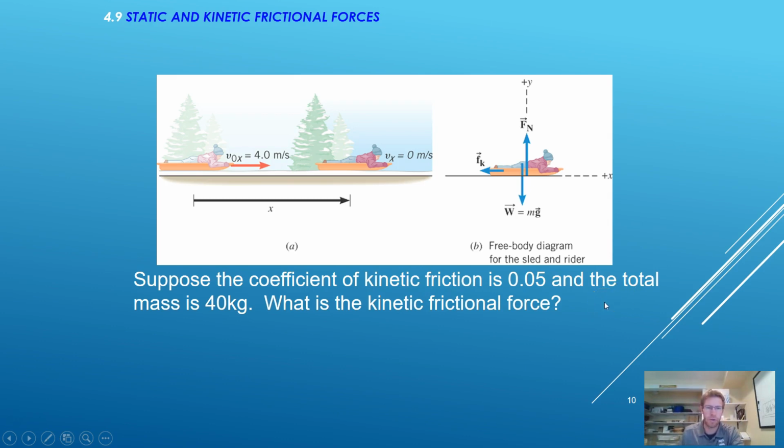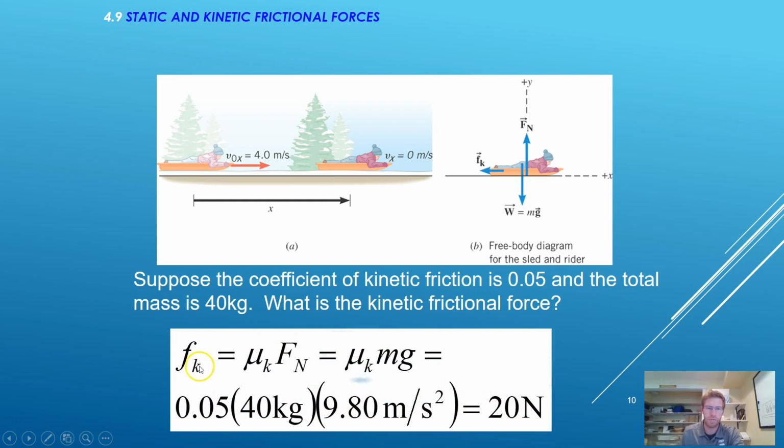So hopefully you did a quick calculation, and what you should find is the force of kinetic friction, which we know is equal to the kinetic coefficient multiplied by the normal force. And now, since we're on a level flat surface, we look at our free body diagram here, and we can see that our normal force is just going to be equal and opposite to our weight force.